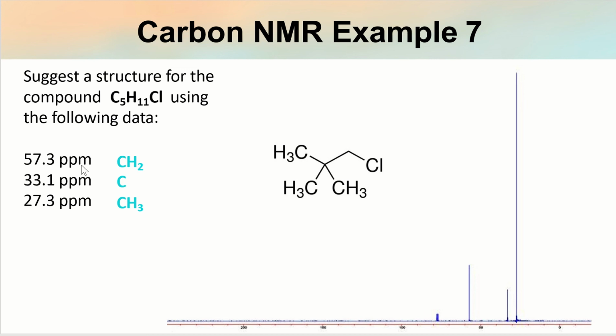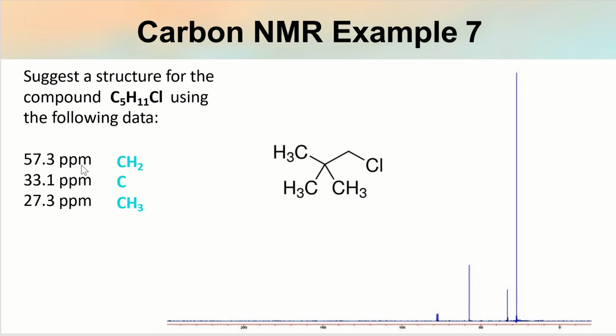So you want to first do your DBE, right? And based on our structure here, that value should work out to be 0. So that should tell us that we don't have any double bond, we don't have any rings. And having done that, we would want to attach our CH2 to something that is electronegative.